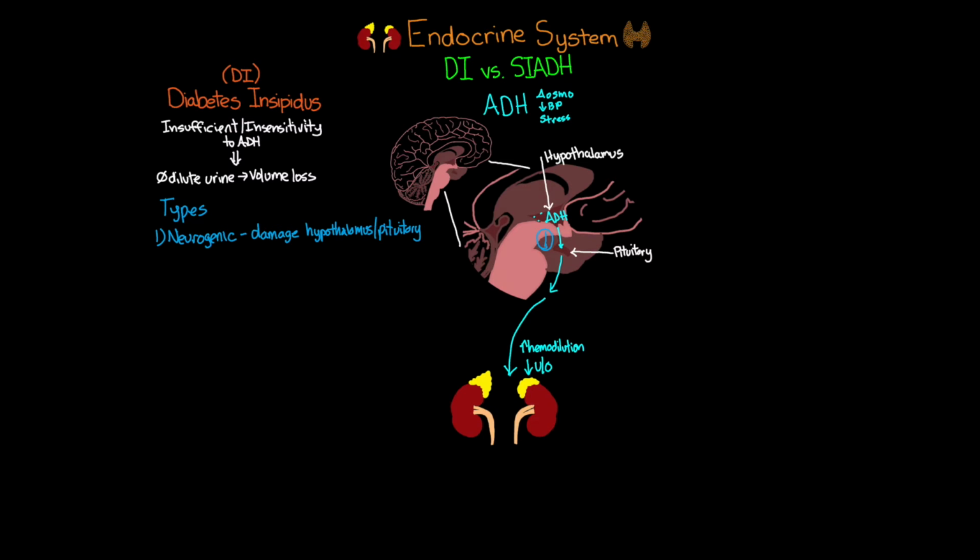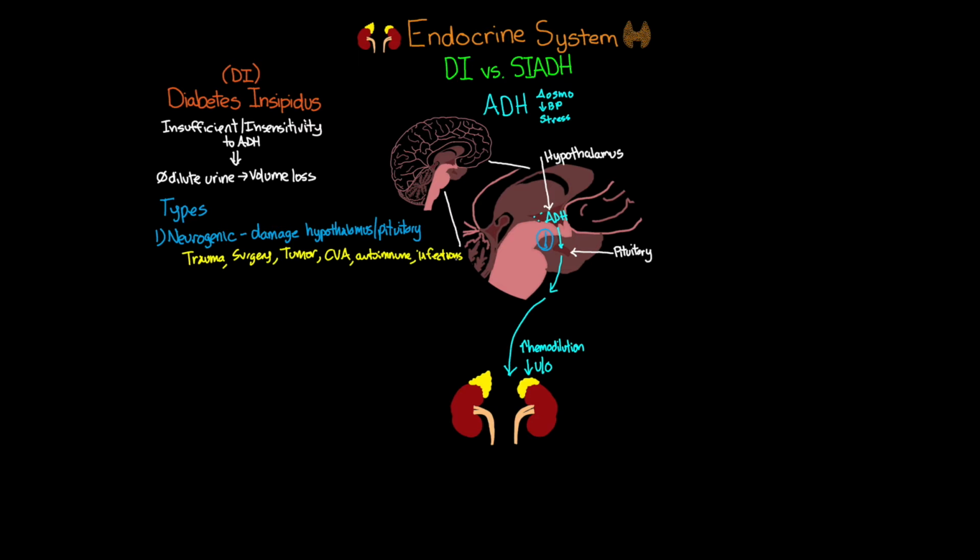And some of the causes that can lead our patients into this neurogenic DI are going to be things like either trauma or brain surgery. Tumors can also cause this. Also things like strokes and aneurysms, autoimmune disorders, infections.